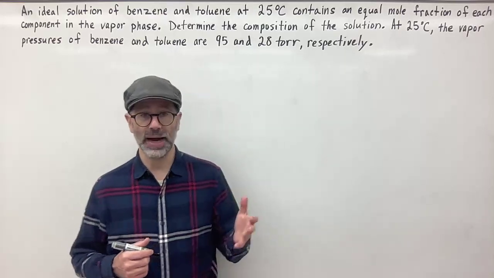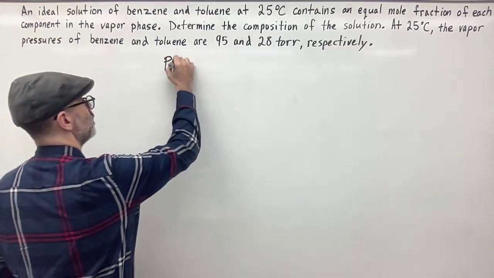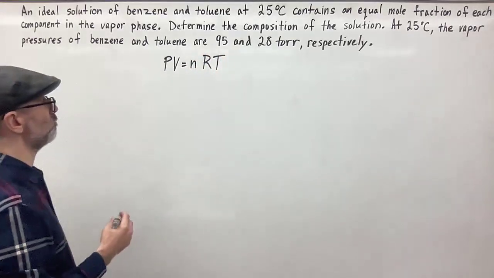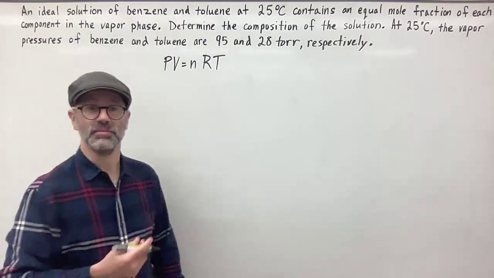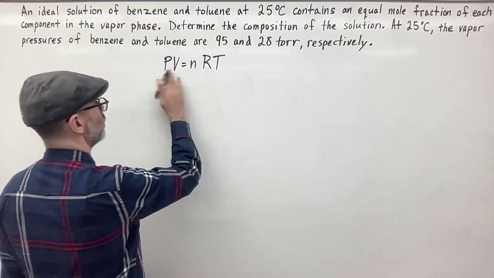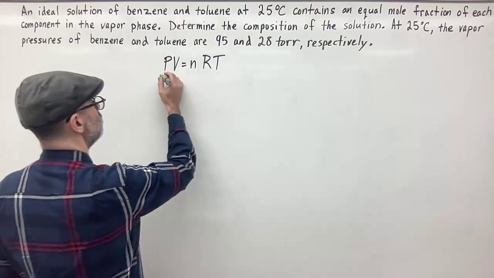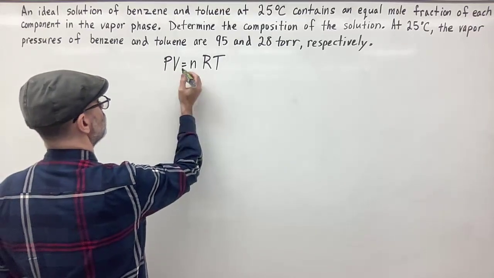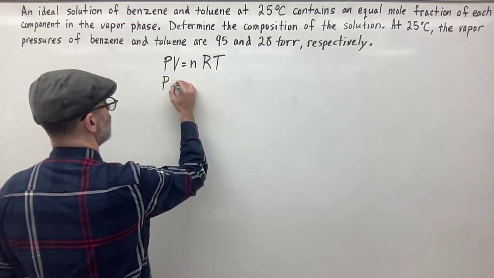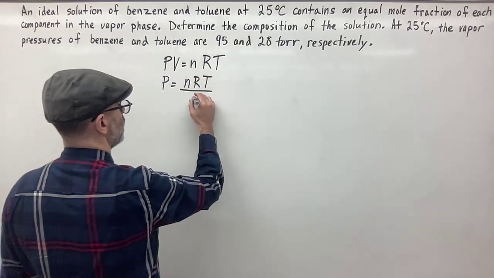If we go back to PV equals nRT, if we have the pressure of the gas and we want a relationship between the pressure and the moles, we can divide both sides by volume, and we'll get P is equal to nRT over V.